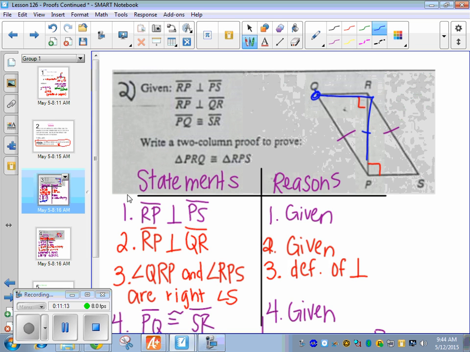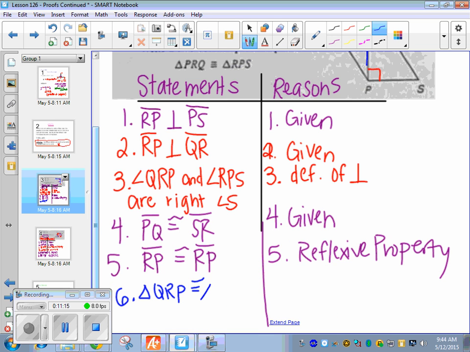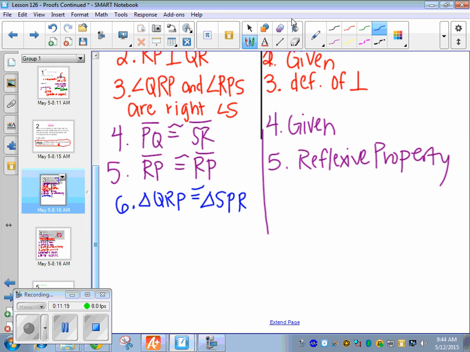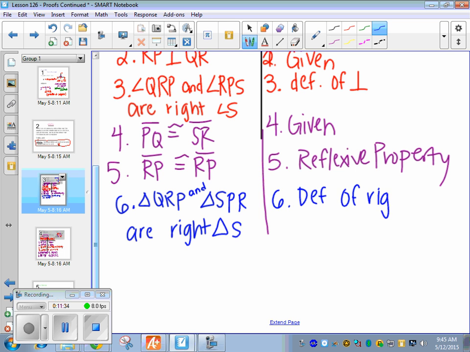SPR. Oops, I meant to not say congruent. This and this are right triangles. Definition of right triangle. Now we can finally say they are congruent.